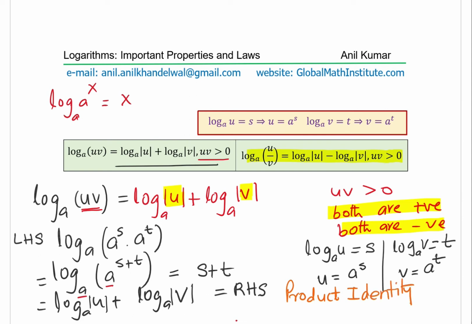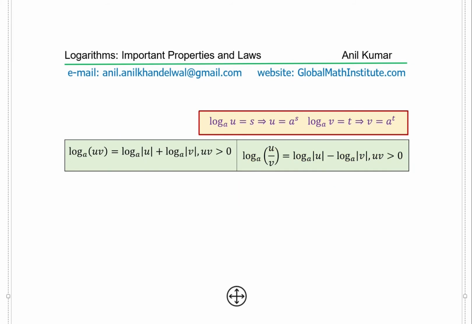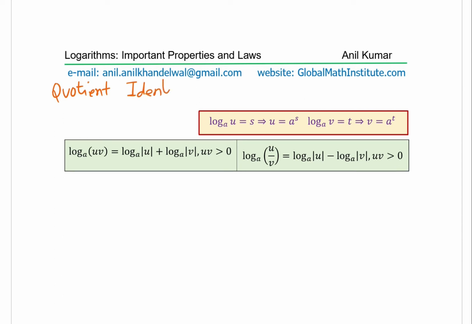Okay, so let's take the next one, which we'll call the quotient identity. We'll now prove the second one, which is that the log of the quotient of u and v is the difference between the log values of the absolute u and the absolute v values.